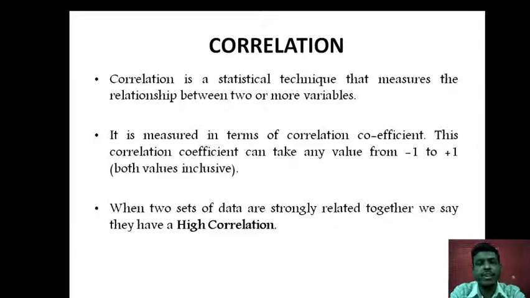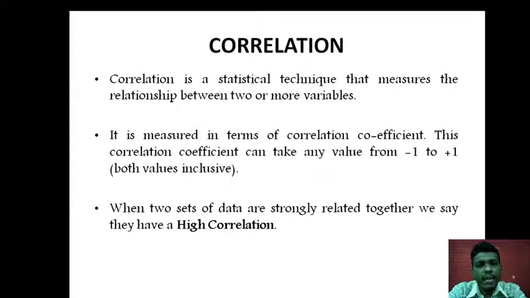So if we are considering two or more variables and we are studying the relationship that exists between them, or we are trying to understand the degree of association that exists between them, then we are doing a correlation study. It is measured in terms of correlation coefficient.